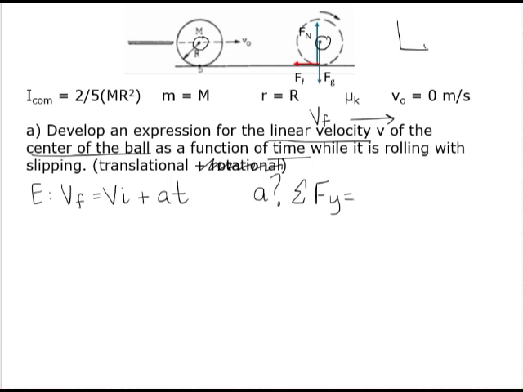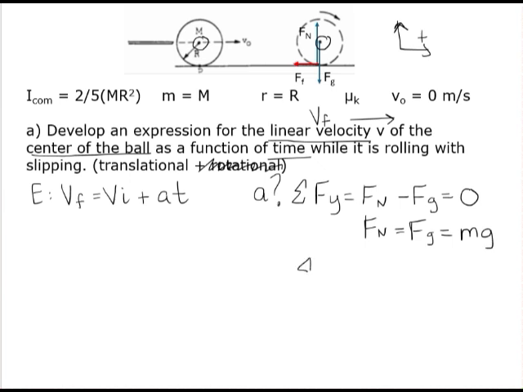I'm going to define my directionality as noted here, so positive is up or to the right, which means I'm going to label this as force normal minus force of gravity, and since it's not rising or falling, that's equal to 0, which tells me that my force normal is equal to my force of gravity, which is also equal to mass times gravity, or the weight.